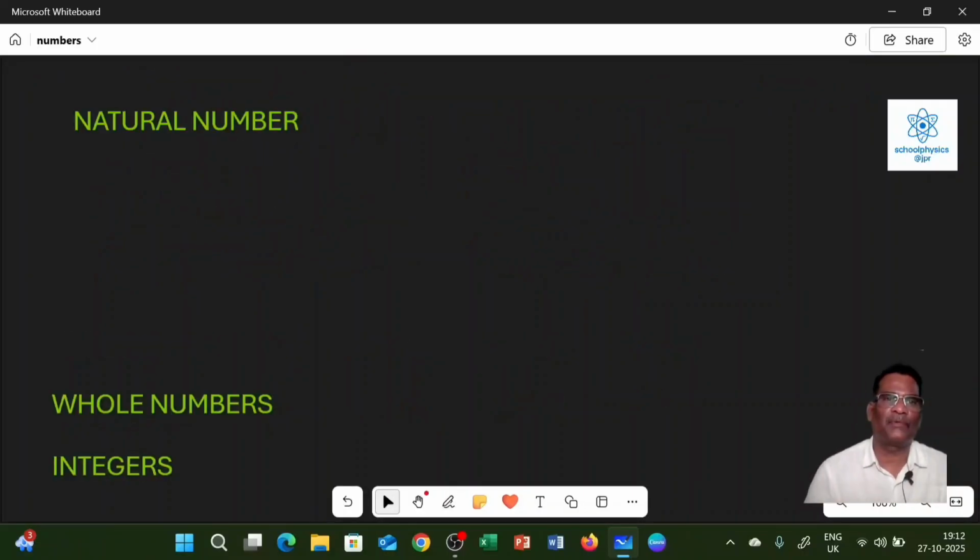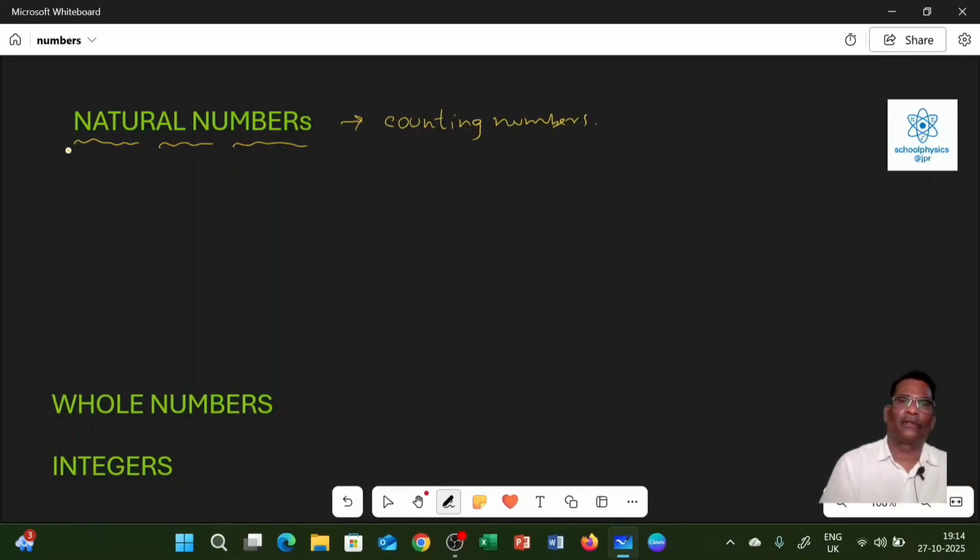Now we shall discuss natural numbers. These numbers are called counting numbers. The numbers 1, 2, 3, 4 and so on are called natural numbers. Mathematically, the natural numbers are represented by the letter N, the set of 1, 2, 3, 4 and so on.